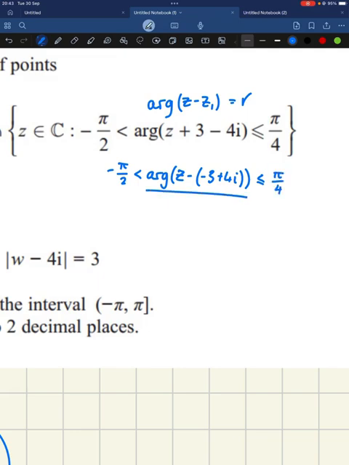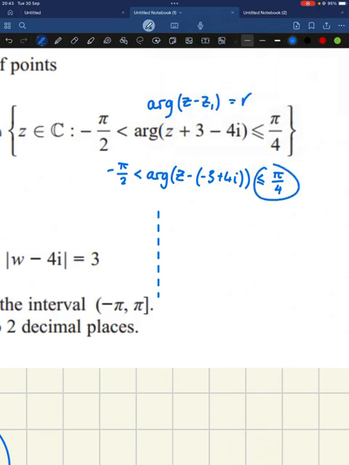Basically what this is saying is it's going to be a half line, between two values. We're going to have a dotted half line because this is not including. We are greater than minus pi by 2, but not including minus pi by 2, so it's going to be a dotted line. So we draw minus pi by 2 down like that, at 90 degrees downwards.